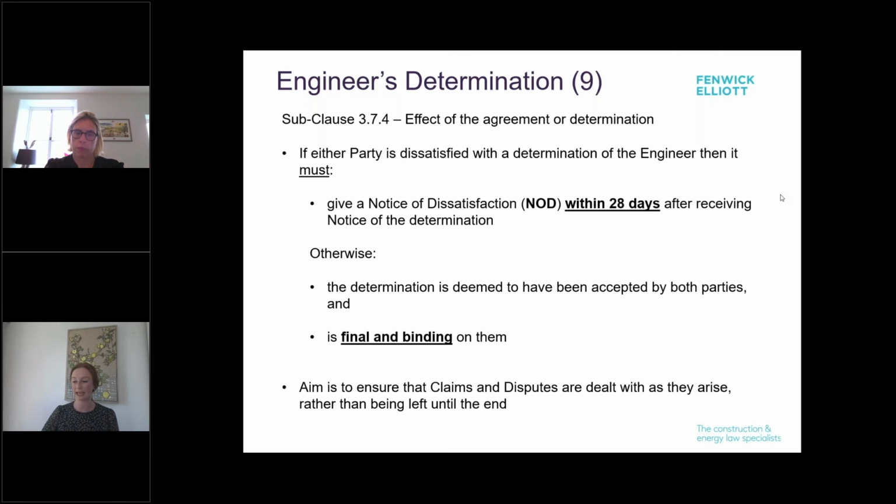And the aim really of this is just to ensure that claims and disputes are dealt with as they arise, rather than being left until the end where the parties have to go and scoop up all the details and may not have the best of records and may not have the best of memories. So it's aimed at getting these dealt with as the project goes along.